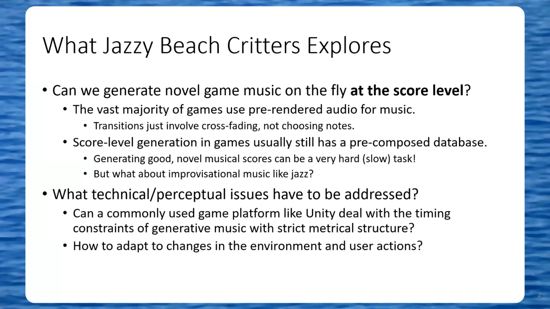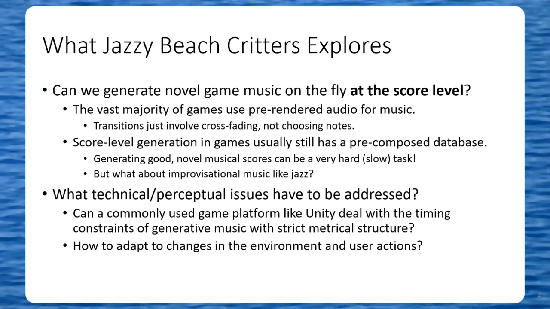The vast majority of games use pre-rendered audio for their music. If they have a dynamic soundtrack that changes based on what's going on in the game, it usually involves crossfading audio, not choosing actual new notes to adapt to the situation.